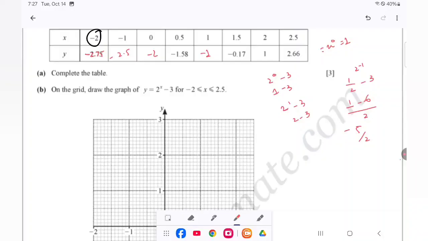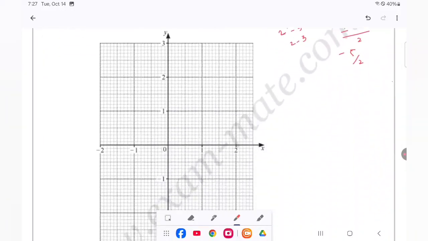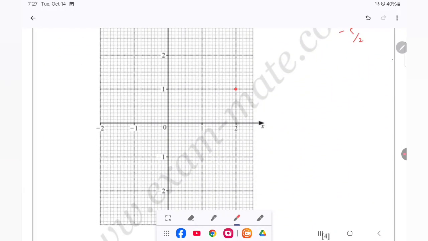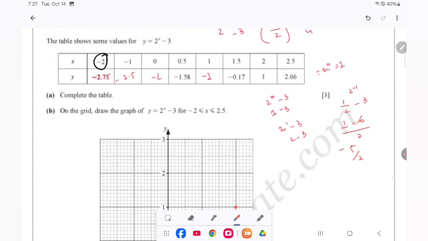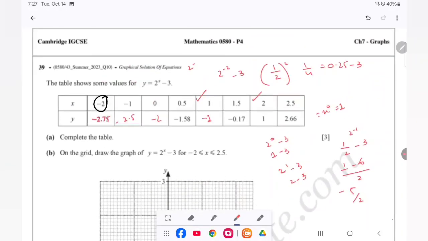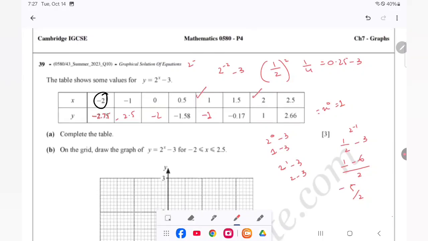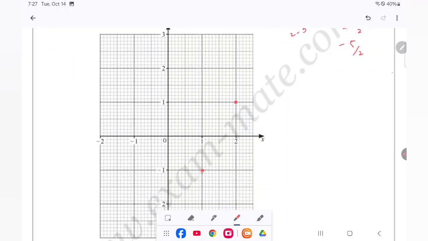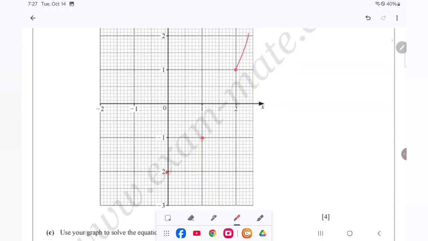Plot the values: for x equals 2, y is 1, for x equals 1, y is negative 1, and for x equals 0, y is negative 2, and a graph something like this will be formed. It is a curved graph.